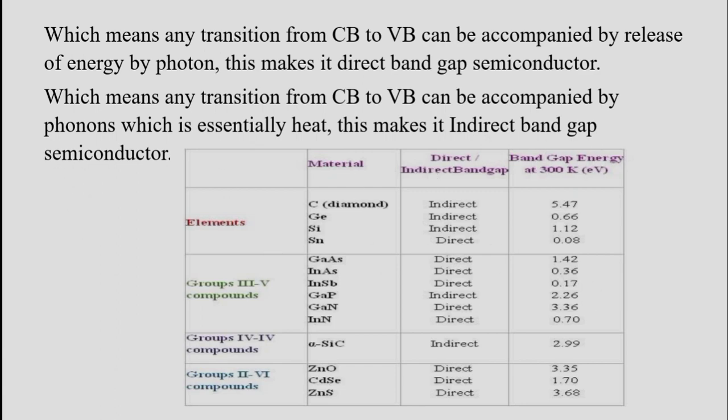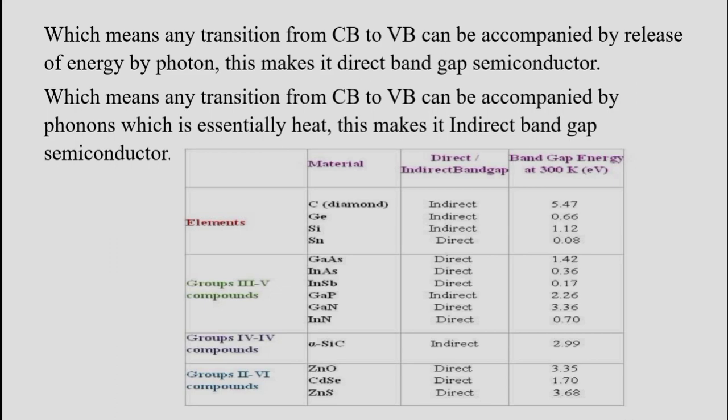Why is it so? Because the conservation of energy is not a problem in both direct and indirect band gap semiconducting materials, but the conservation of momentum is not possible in indirect band gap semiconductor material, because the magnitude of the momentum of a photon is several orders of magnitude smaller than that of an electron.